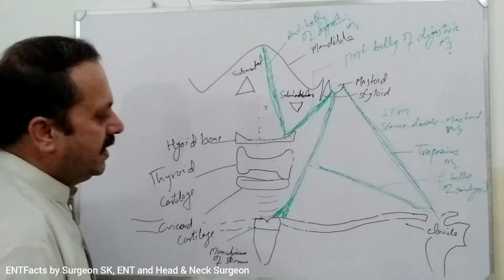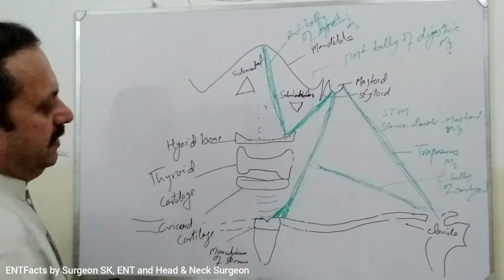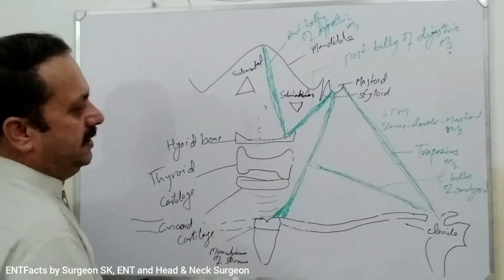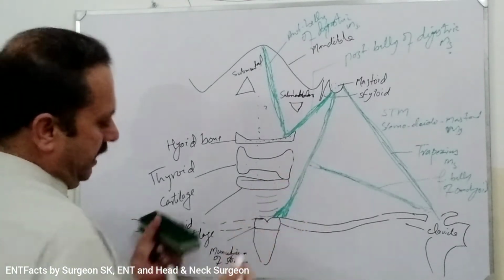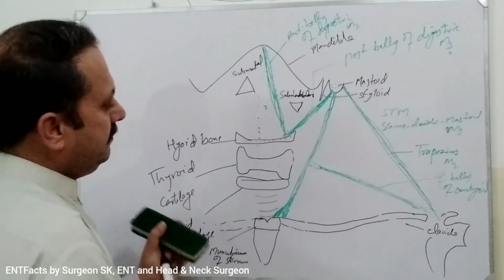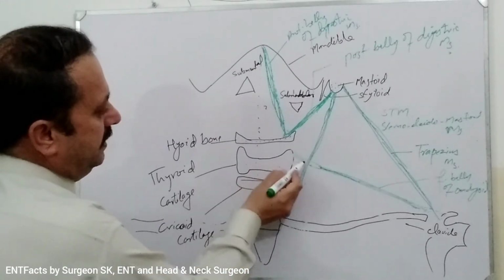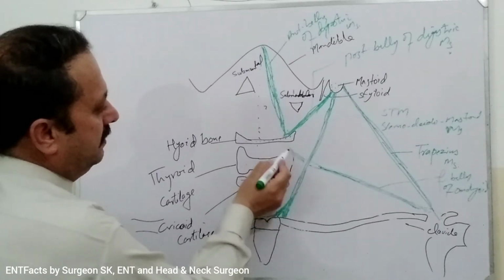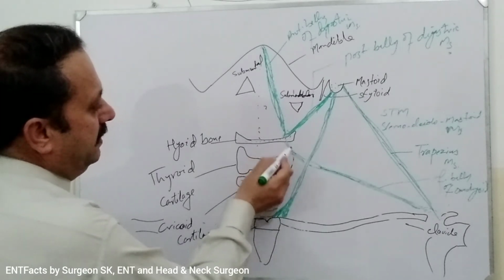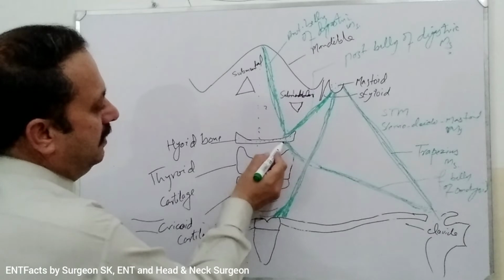Now the remaining part of the anterolateral compartment, as I mentioned before, the other part arises from this tendon and attaches here at the lower border of the hyoid bone.